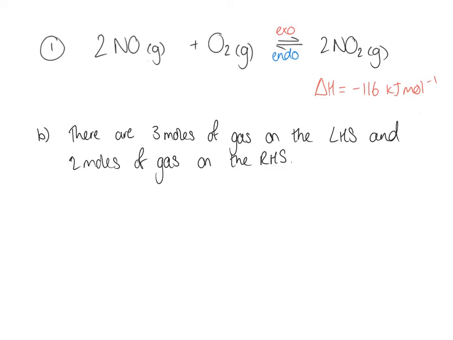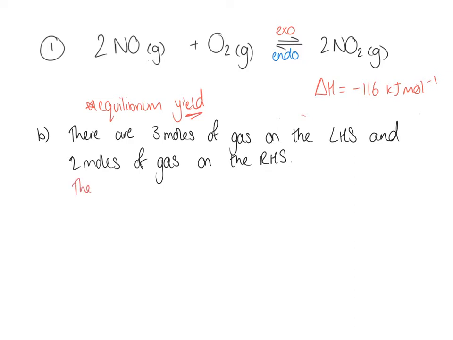But the question asks you about the equilibrium yield. So what we can actually do, you can just say that it will increase the equilibrium yield, but you can make the point that it will shift to the right hand side, therefore increasing the yield. So we might do that for a full explanation.